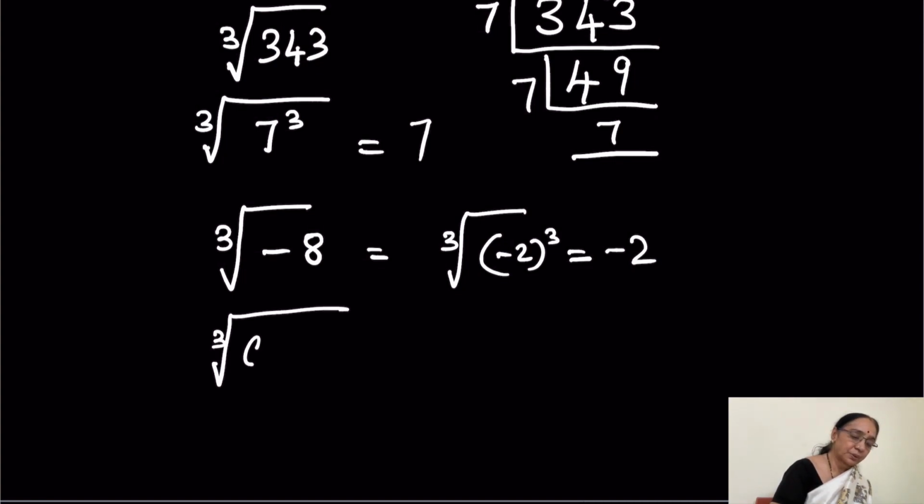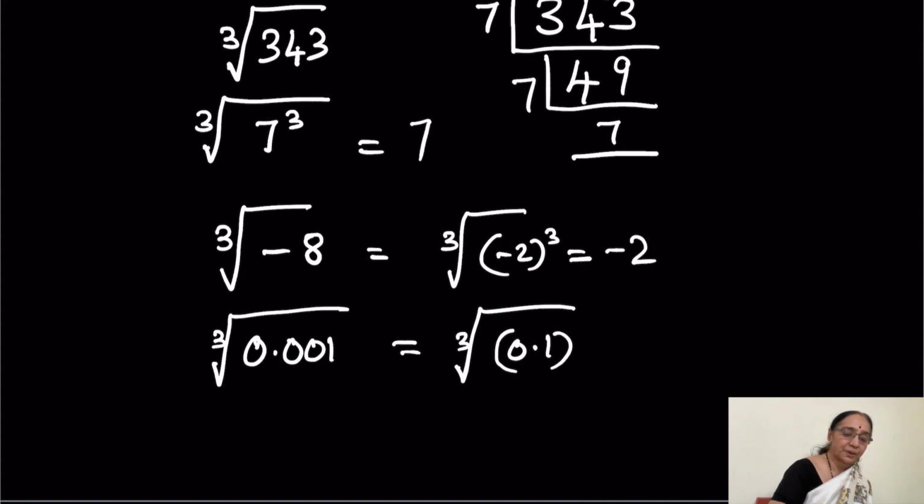What is the cube root of 0.001? It's the cube root of 0.1, the whole cubed, and hence the cube root is 0.1.